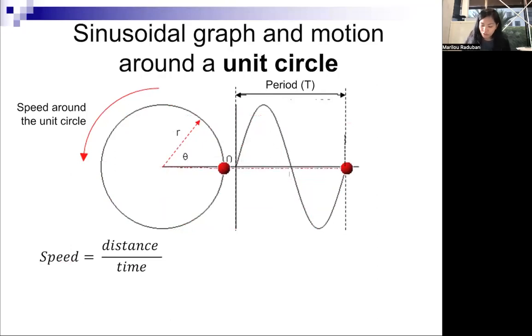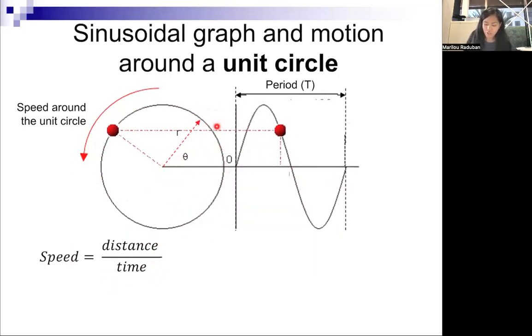Yeah, good. The period. So the period, that's the time it takes for one oscillation. So the period will go into time, period having the units of seconds. And the distance that's traveled by the object will be the circumference of the circle, right? Because the object goes around this circle, so it would have traveled the whole length of this circle.